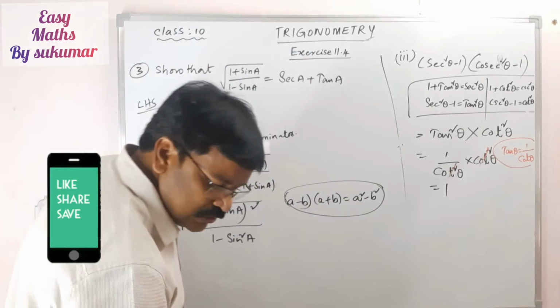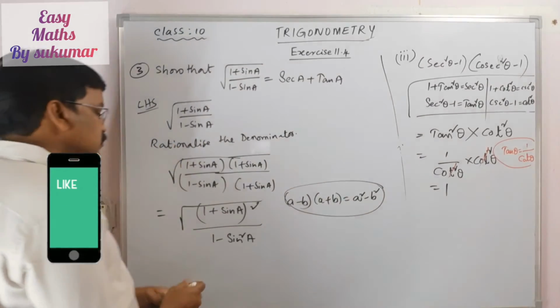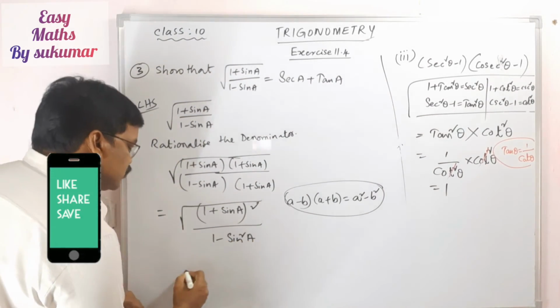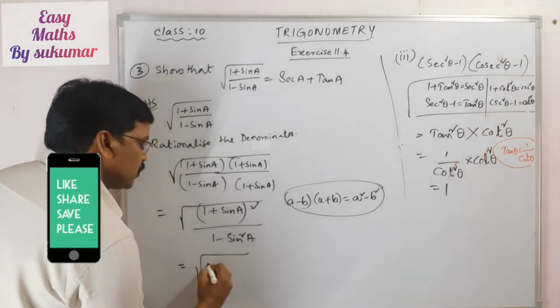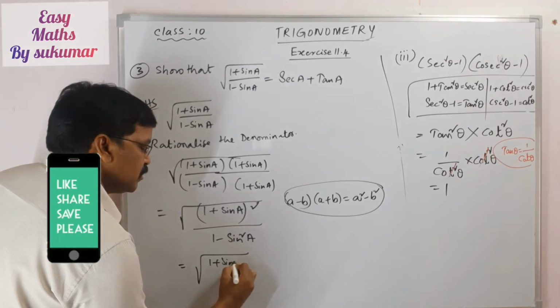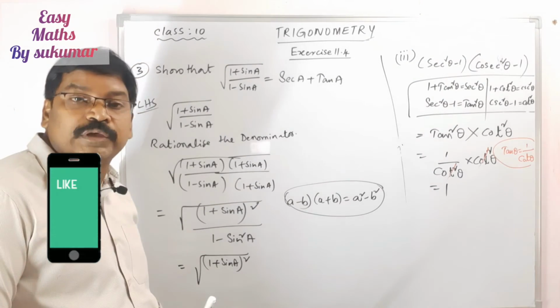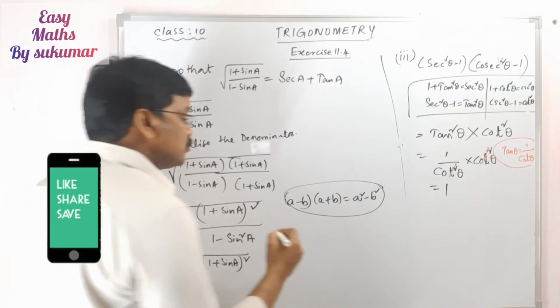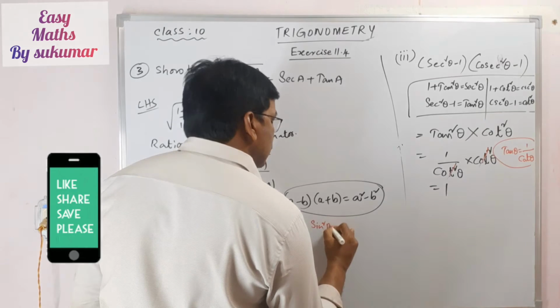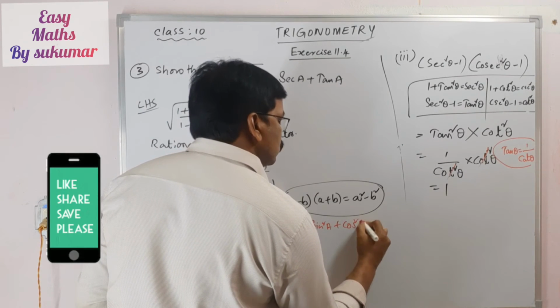Now look here, my dear students. This 1 minus sin square A means what? We have the first identity: sin square A plus cos square A is equal to 1.